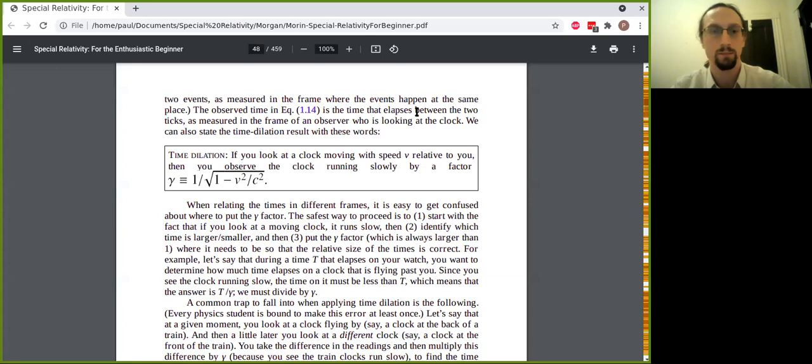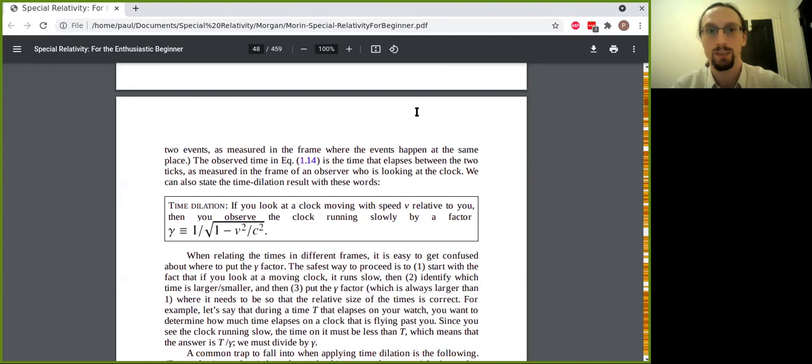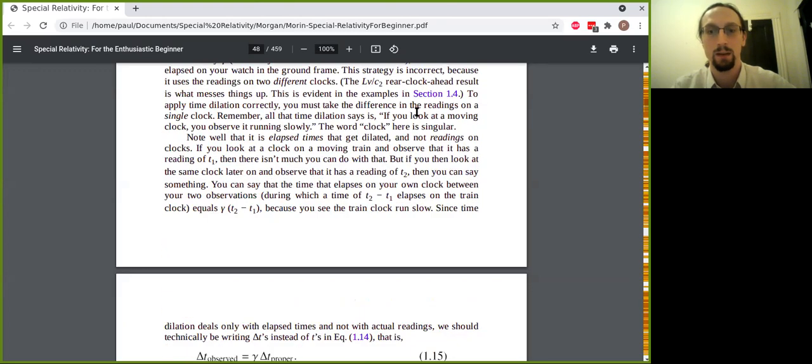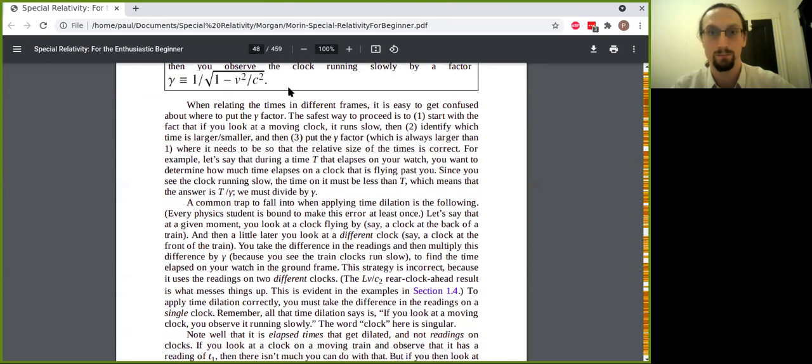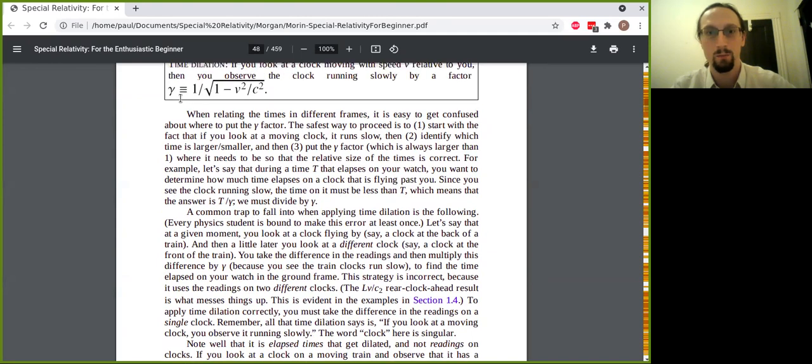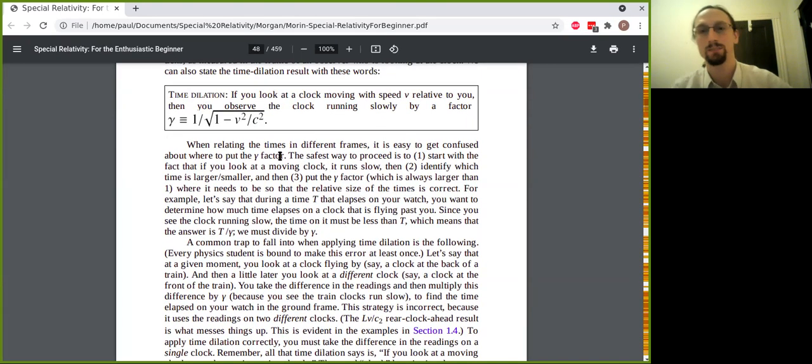So now I just want to highlight for you one quote from Special Relativity for the Enthusiastic Beginner. That's our optional secondary text, page 78. When we're relating the times in different frames, it's very easy to get confused about where we're putting that gamma factor. The safest way to go about it is, one, we start with the fact that if you look at a moving clock, it runs slowly, right?